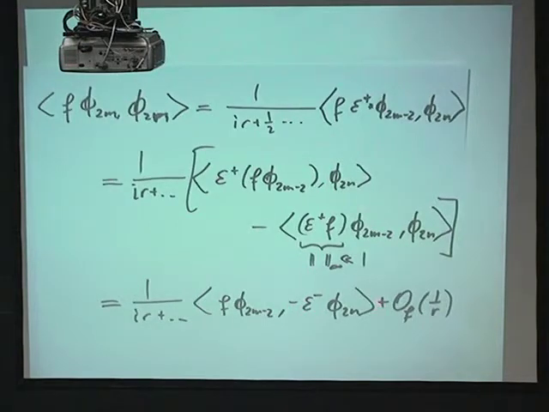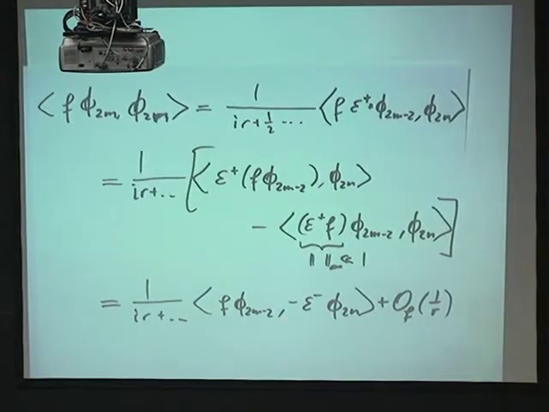And there are some other terms here, but the imaginary part of what I have in the denominator is r, so it's definitely 1 over r or smaller. So I get this term from that term. And now I need to compare what E minus phi 2n is in relationship to this formula.